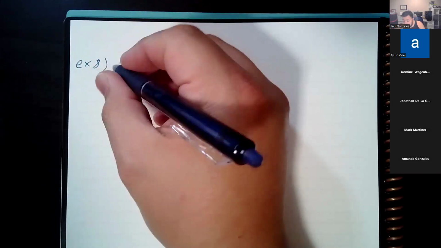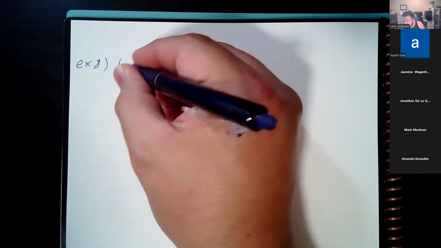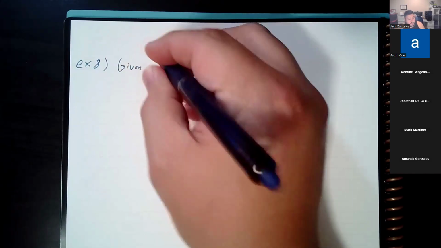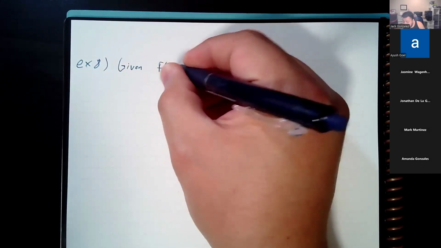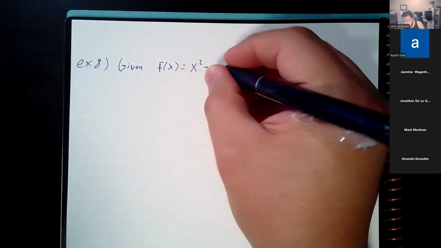Okay, so we all understand that if it's in the parentheses, it's asking us to plug it in, right? Is there any confusion about that?